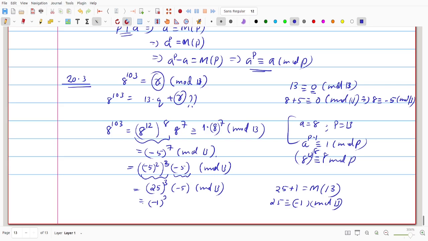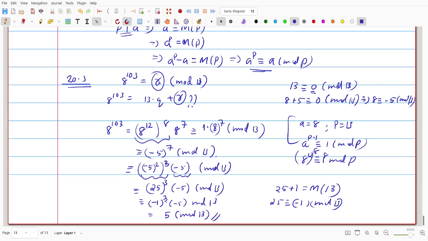These are all congruent to minus 1 to the power 3 into minus 5 mod 13. Consequently, minus 1 into minus 5 is 5 mod 13. So you can say that when you divide 8 raised to 103 by 13, the remainder will be 5.